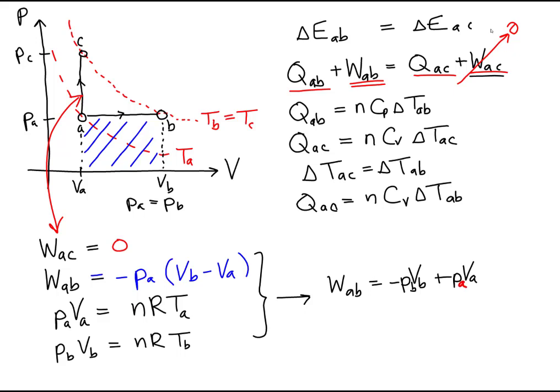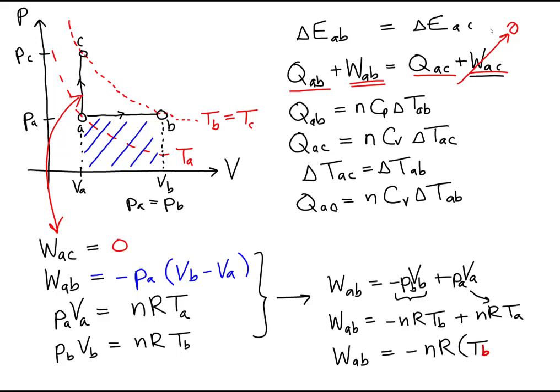So we could write that the work done from A to B is equal to minus, here, the product of pressure and volume we had was nRTB, plus nRTA for the product of pressure and volume for state A. So this allows me to write that the work done from A to B is equal to minus the number of moles times the gas constant times the temperature change from A to B.